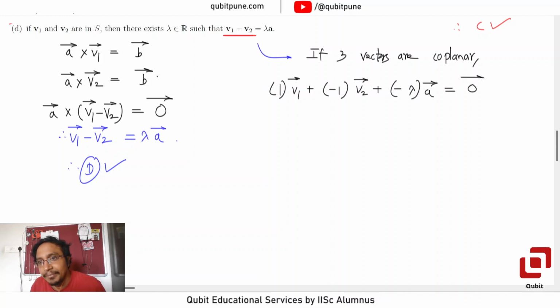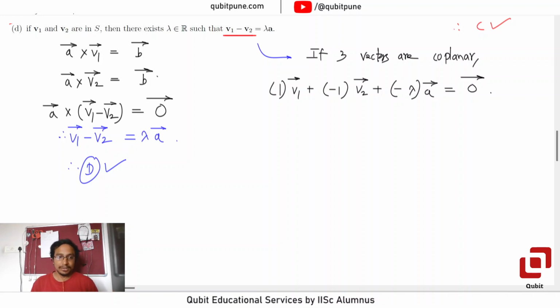There is a theorem which says that if three vectors are coplanar, then there exist three scalars, at least one of them non-zero, such that that scalar times the first vector plus another scalar times another vector plus another scalar times the third vector is equal to 0. Because we have proved that A bar, V1 bar and V2 bar are coplanar, we will have that particular condition.